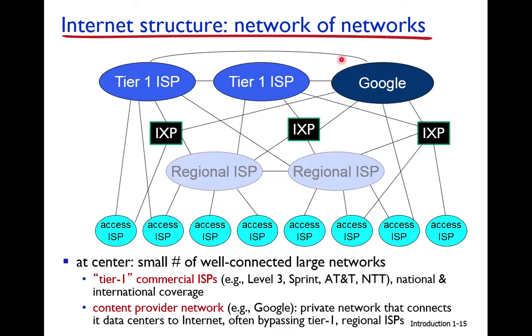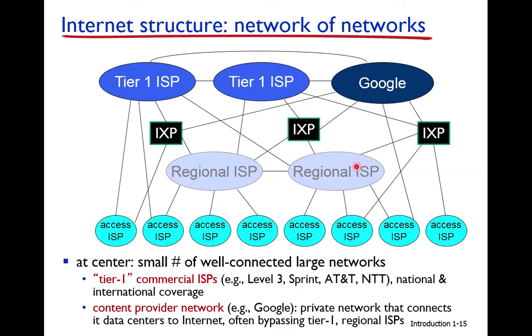When Google deploys its own content provider network, it usually tries to connect its network to the regional ISPs. What will be the benefit? For example, this access ISP wants to access Google. It will go to the regional ISP, and the regional ISP is directly connected to Google, so it will go directly to Google.